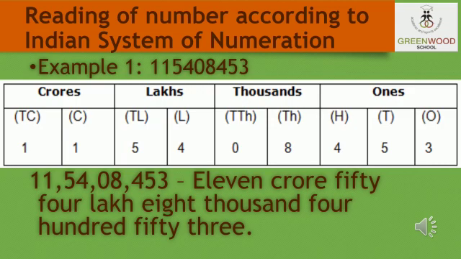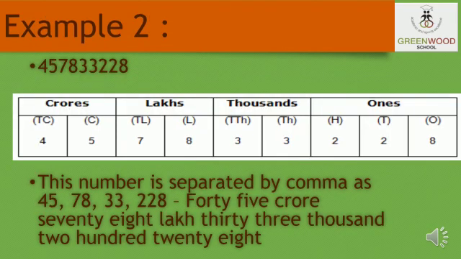In which period? 1,000 period. So it is 8,000. Last one, you all know. Correct. 453. So this number is read as 11 crore 54 lakh 8,453.